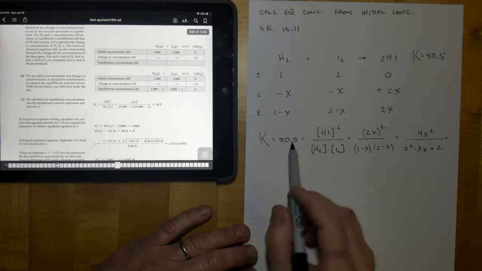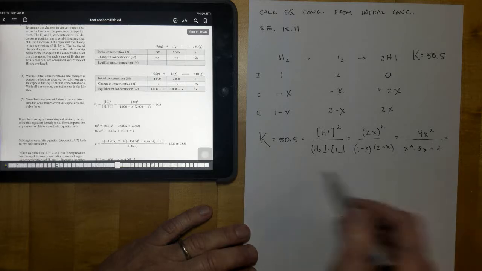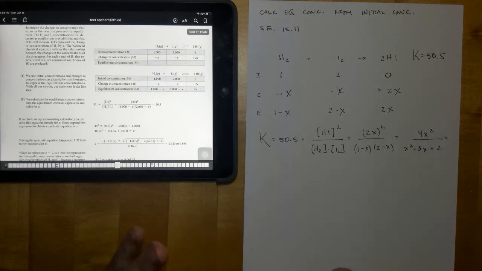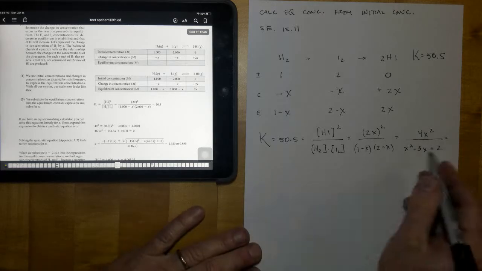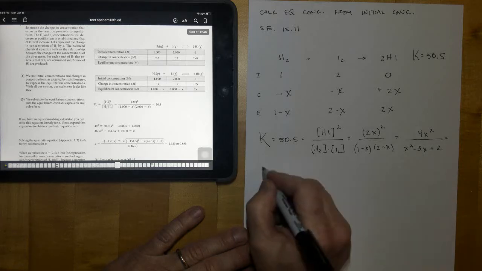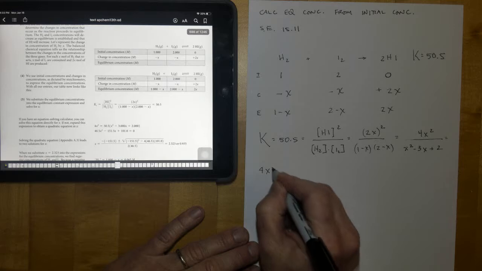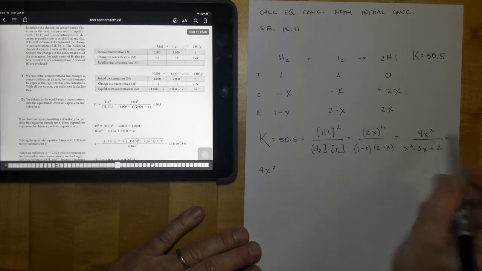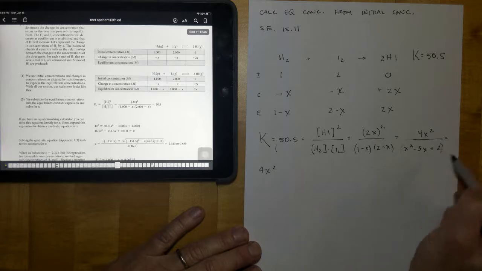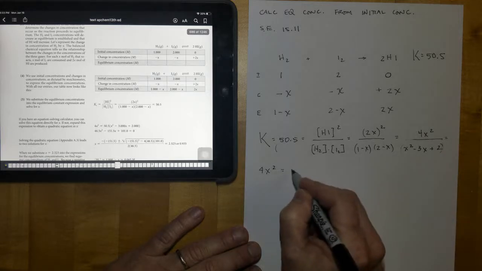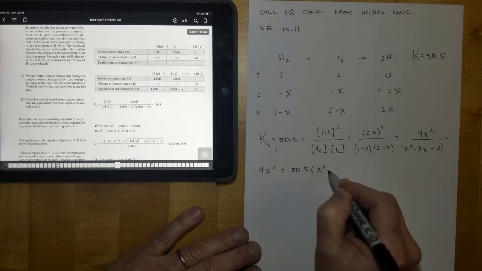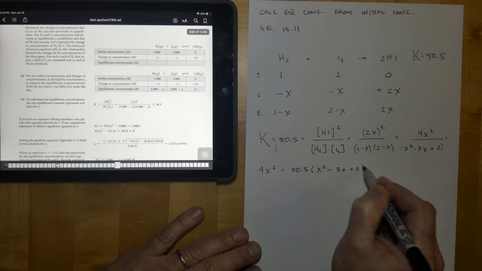And so when we take this and bring this to the other side and do some algebra to solve it, I'll do a little bit of it, but I won't do the whole thing. We end up with the 4x squared, let's keep that on this side, and then let's multiply this side of the reaction by this part right here, is equal to the 50.5 times the x squared minus 3x plus 2.